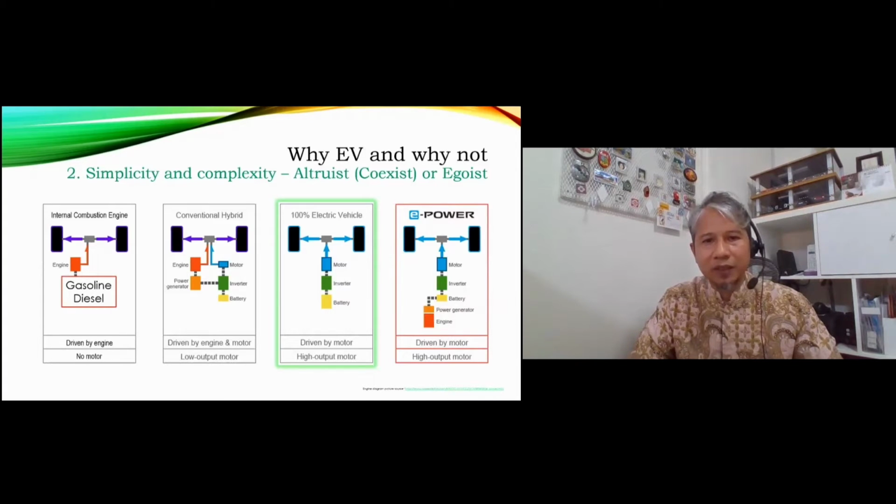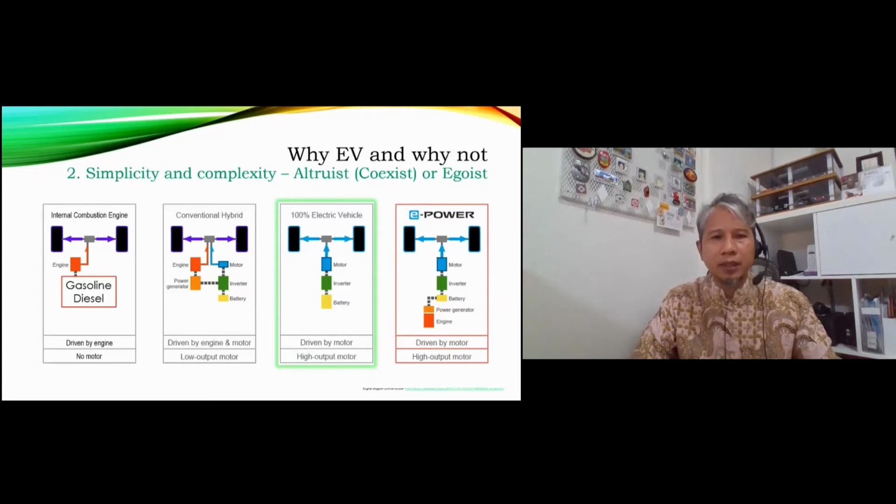We can discuss further with Pak Kostup later. Actually, why are there so many things? There are so many different power plants. There are so many different technologies proposed by car makers, by the OEMs.